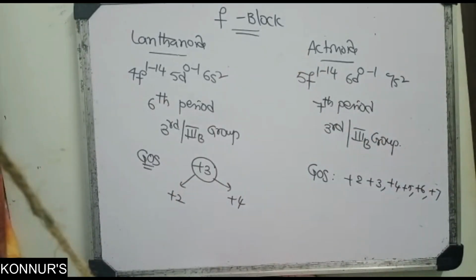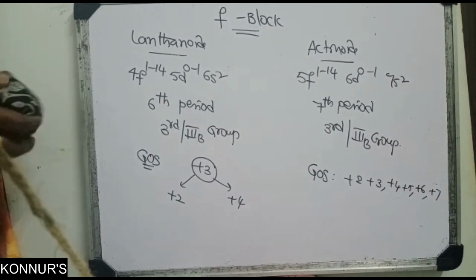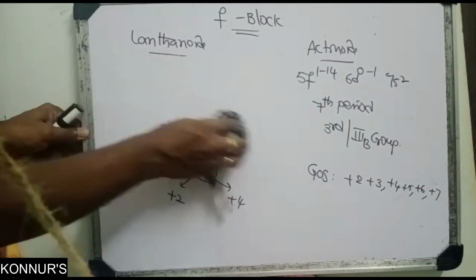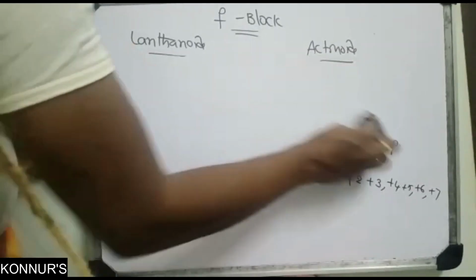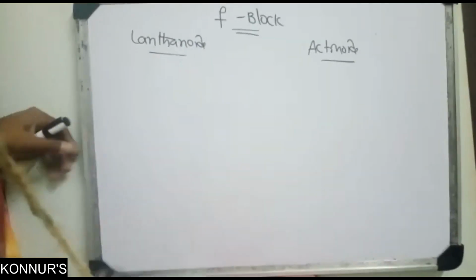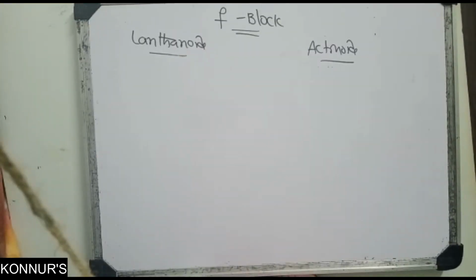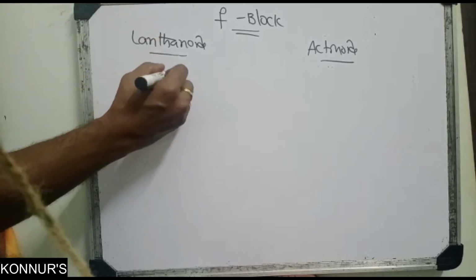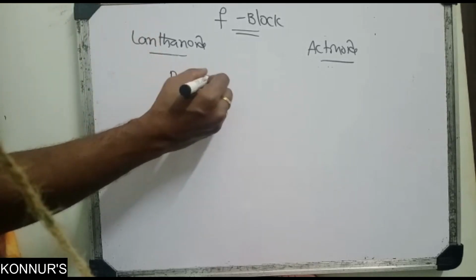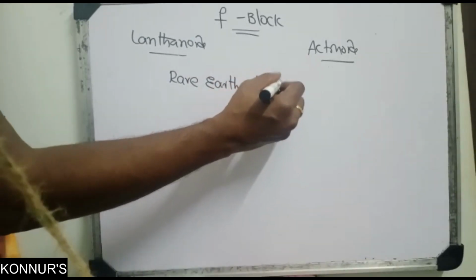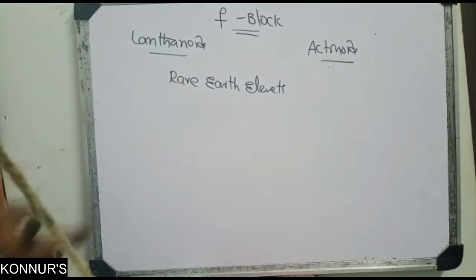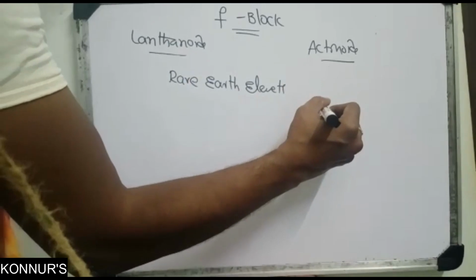So more positive oxidation states are shown in this. So these are generally called rare earth elements. Both lanthanides and actinides you call rare earth elements.